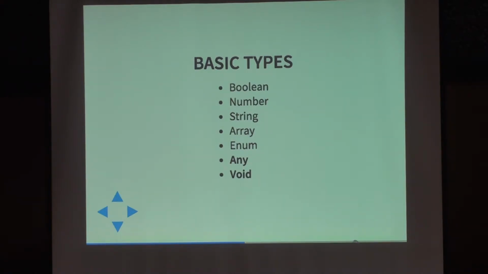Typically, jQuery is an any type, because we use any when we want to add types to a jQuery variable. And void: if you write a function and the function doesn't have any return value, you can add void as the return type, and that means there is no return.